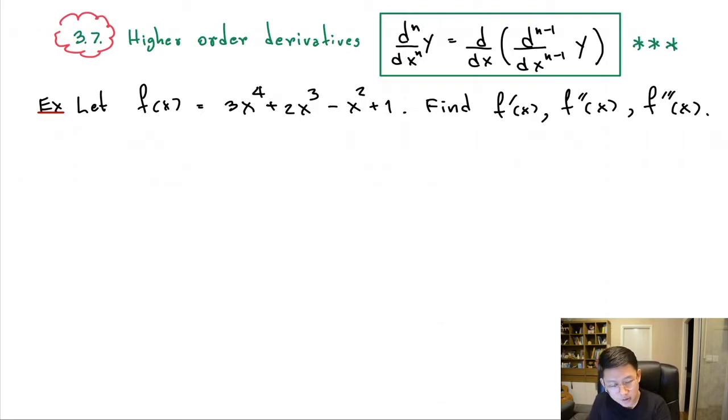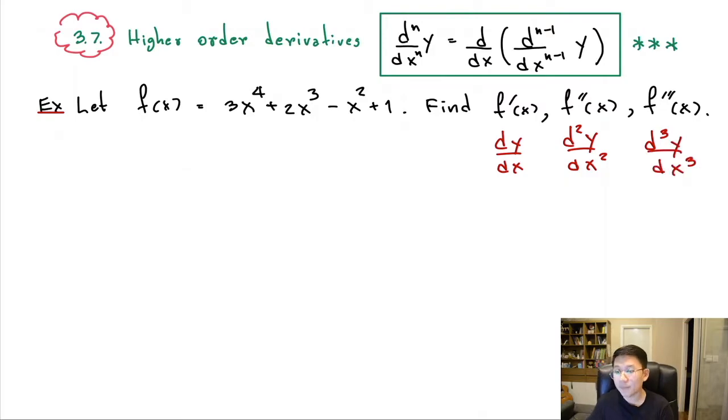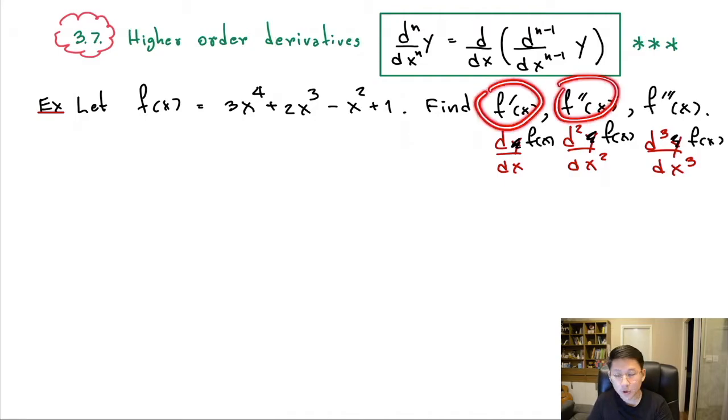Here, this is actually dy by dx, and this is the third derivative. Or if you want, you can just write y as f of x. But I prefer using this notation because it's easier to write.